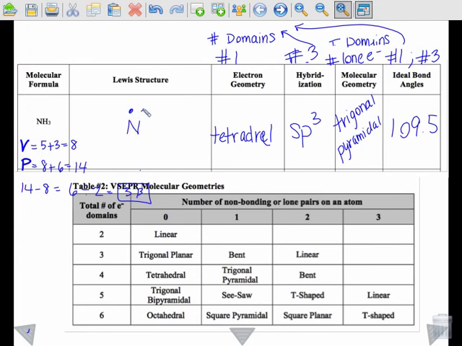I'm going to have N in the middle, and I know I have a lone pair on the top. And I know that that lone pair is pushing away very violently. It's pushing the other bonds away. So instead of the bonds being like a T shape, they end up almost like a little triangle, like a little tripod there. So that is my correct geometry.